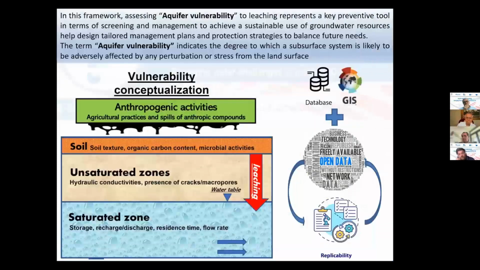So in this scenario, as the remediation of groundwater pollution is highly costly in human effort and money, the better solution is the prevention of groundwater pollution. And in these cases, the assessment of intrinsic aquifer vulnerability is a valuable tool for this purpose.